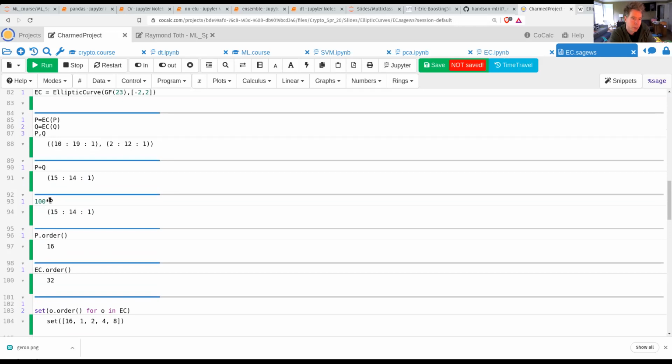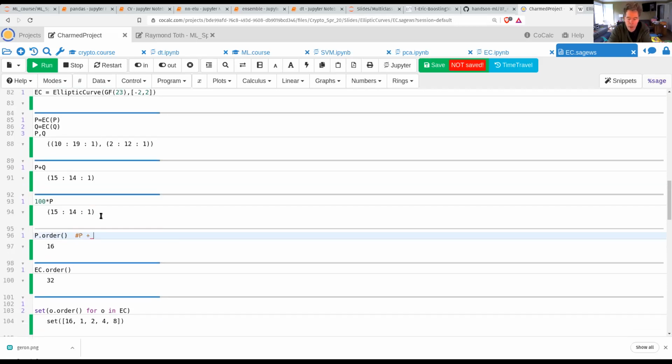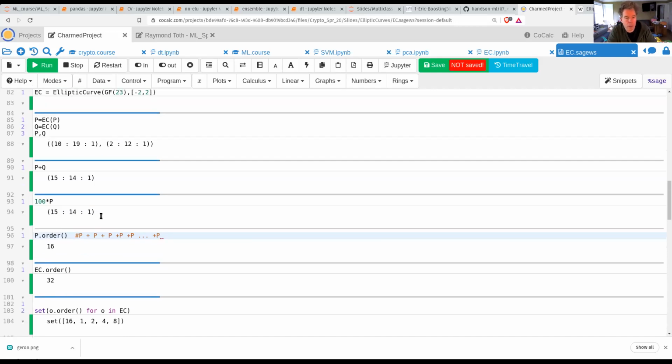If you do P times itself 100 times, just by coincidence, you get the same thing as P times Q. You can look at the order of an element. The order of an element is how many times you have to add it to itself before you get 0. So what this is saying is if I did P plus P plus P plus P plus P 16 times, then I would get the 0 element.